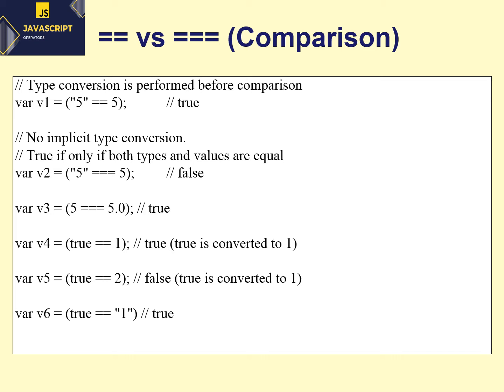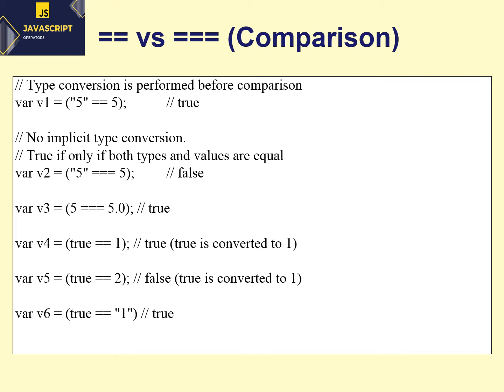True is always considered as value 1, and 1 is equal to 1. So this equal to produces a true value because true is treated as 1. Now comes the fifth expression, variable v5 is equal to true equal to 2.